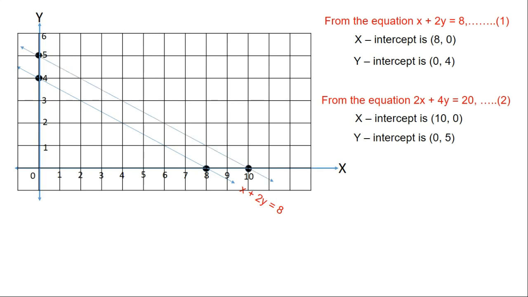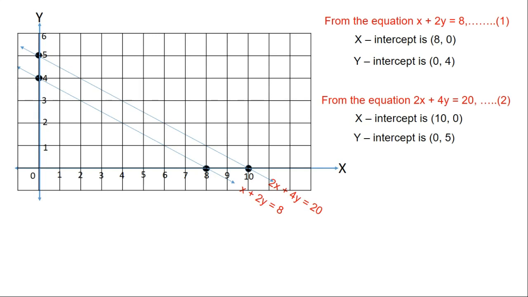So this is the straight line that shows equation number 2, which is 2x plus 4y equals 20. We can find out that these two straight lines are parallel to each other.